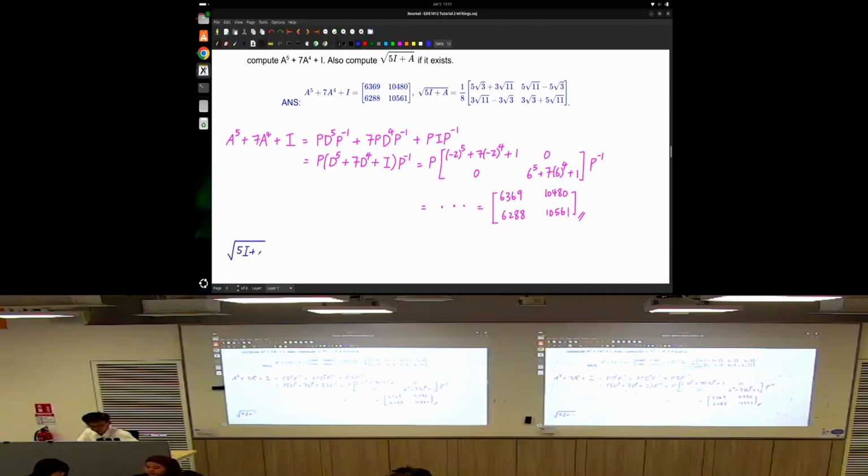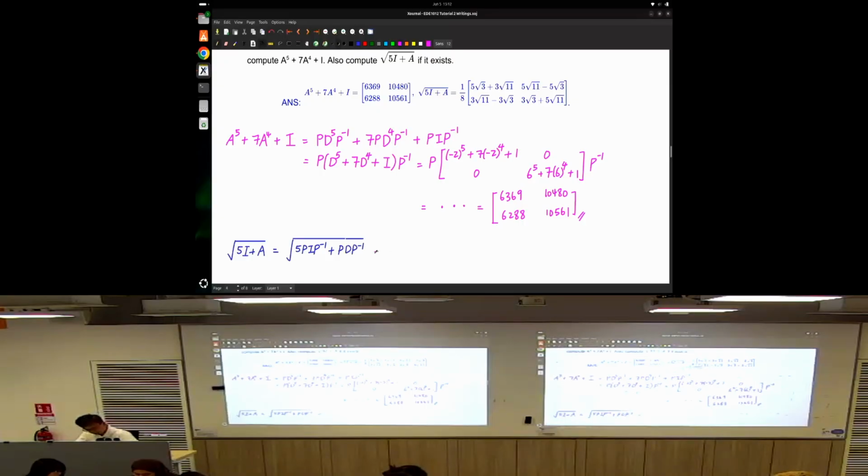Basically you just make use of the diagonalized form also. The root is basically power half. So this is the root of 5 times PIP inverse plus PDP inverse.